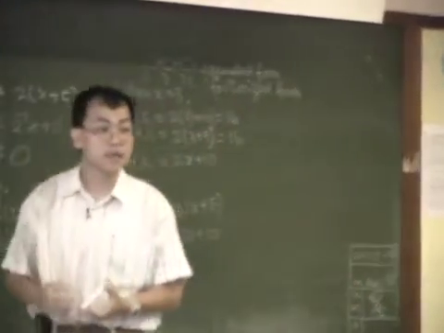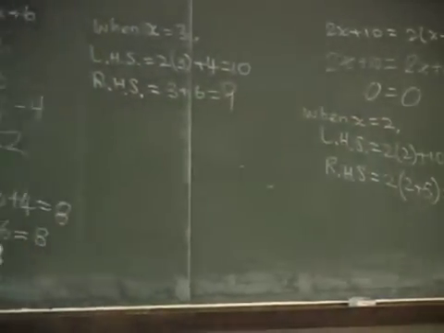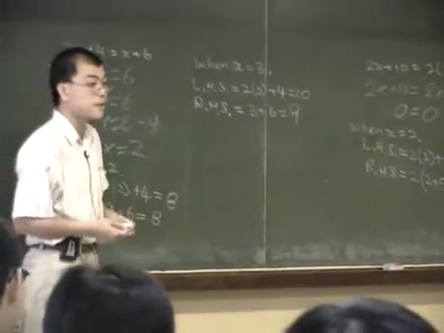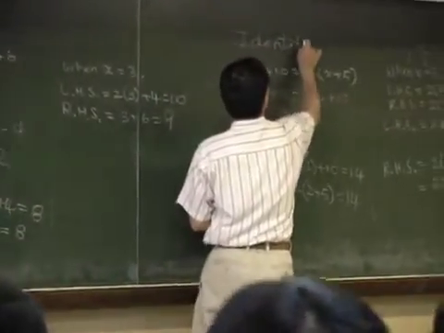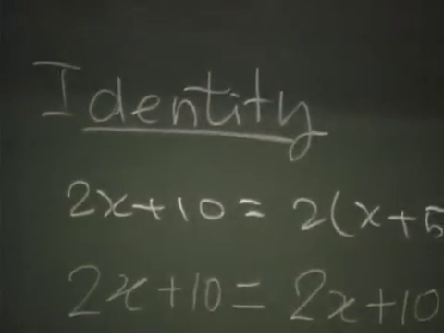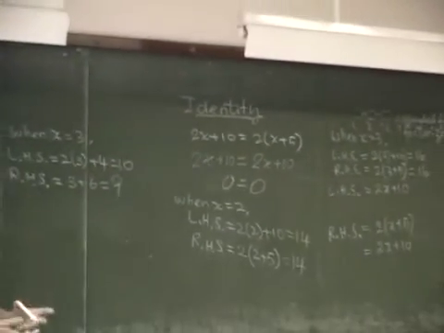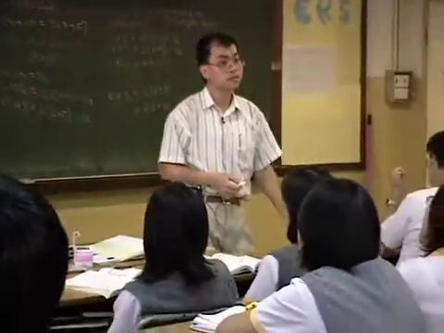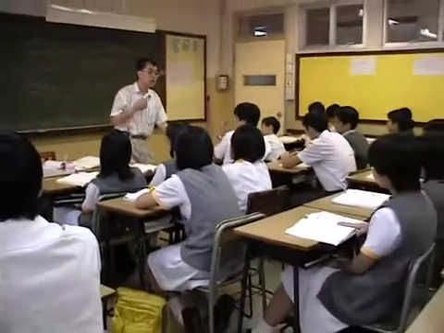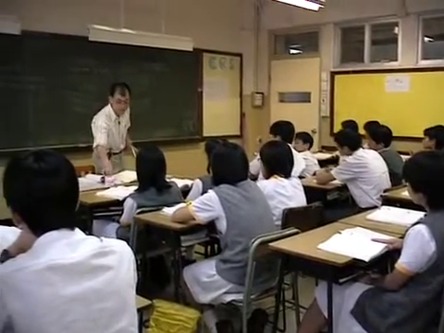Therefore, not just one solution. You have many solutions. For this kind of equation, we'll give them a name. Identity. Identity means that they are exactly the same. Okay? Follow me. Identity. Identity. Identity. Okay? And therefore, for this kind of identity, we'll give it a symbol.